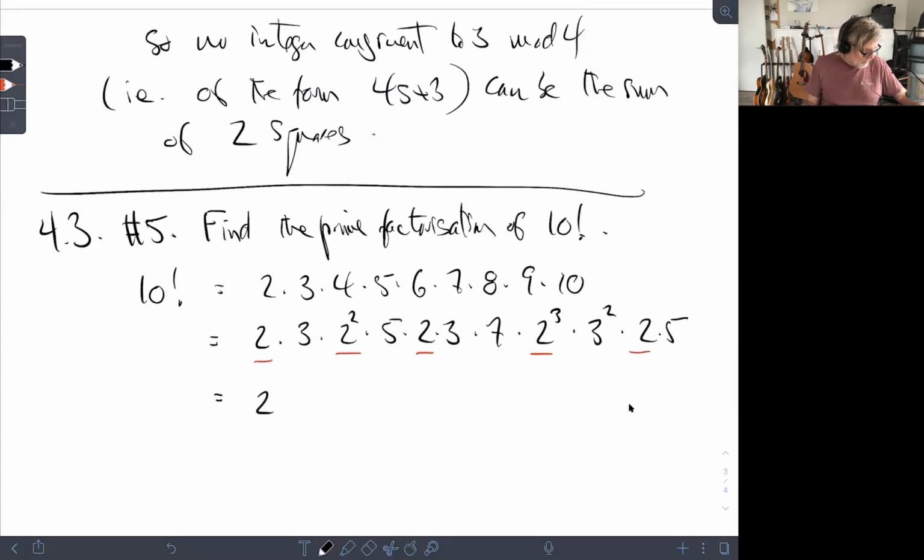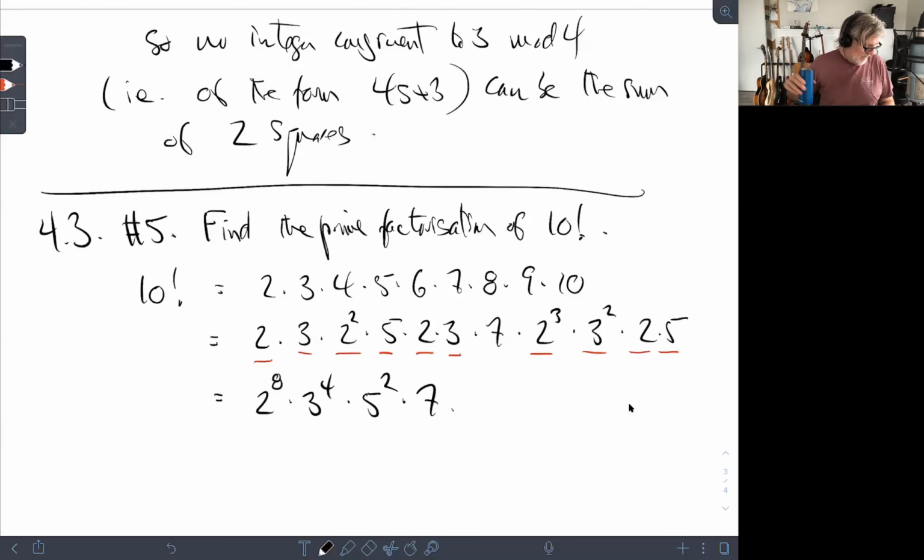So that's 2 to the power 8. 3, I've got 1, 2, 3, 4. It's 3 to the power 4. 5, I've got 1 here, 1 here, so that's 2 of them. And what else? There's a 7. Okay, so that's the prime factorization of 10 factorial.